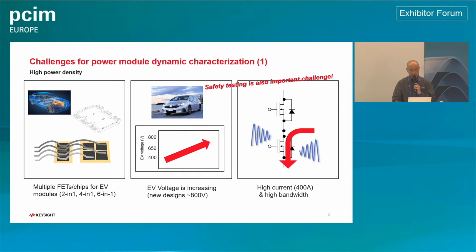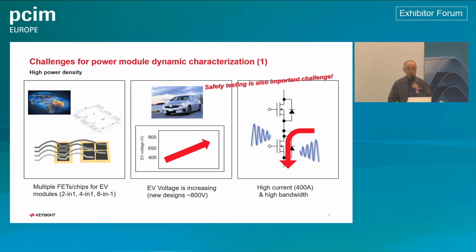And also, these days, the voltage required for electric vehicle is increasing. Normally, it was 400 volt, but it's increasing up to 800 volt in order to reduce the charging time, for instance, while keeping the current lower.